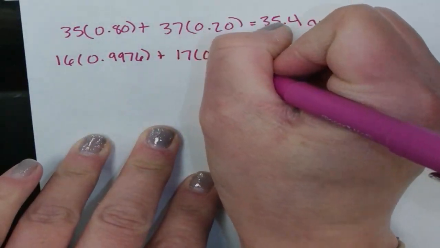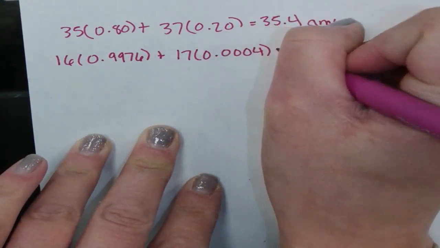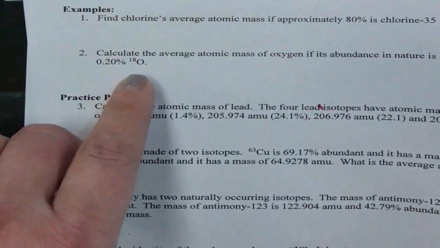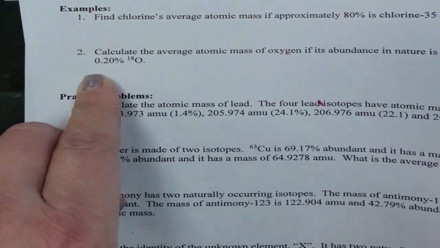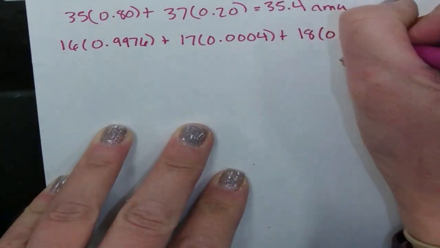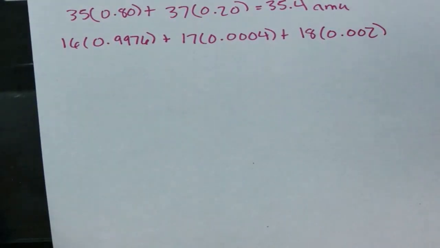And then we are going to add oxygen-17, which is at 0.04%. So that's going to be 0.0004. And then we're going to add oxygen-18, which is 0.2%. So that would be 0.002. And then we're going to simply plug that into our calculator.